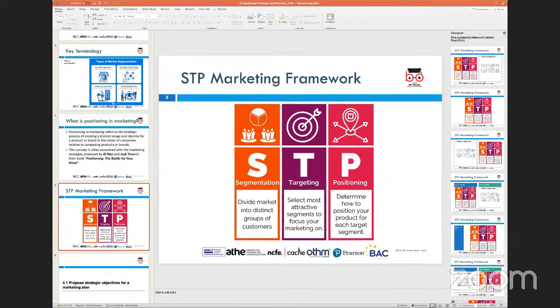These are further highlighted into different types of positioning, and positioning also closely relates to segmentation and targeting.